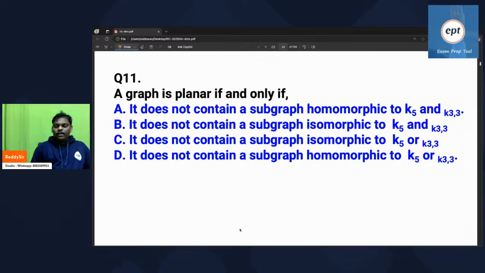A graph is planar if and only if, option A, it does not contain a subgraph homomorphic to K5 and K33. It does not contain a subgraph isomorphic to K5 and K33. Remember, homomorphic, isomorphic. In this problem, you have to see the difference between homomorphic and isomorphic.